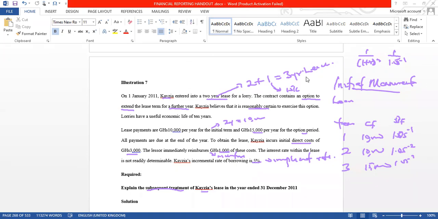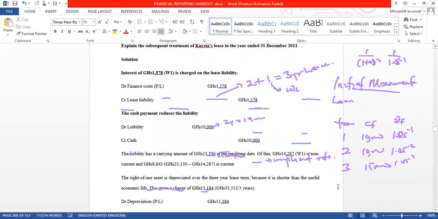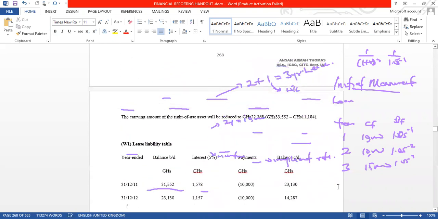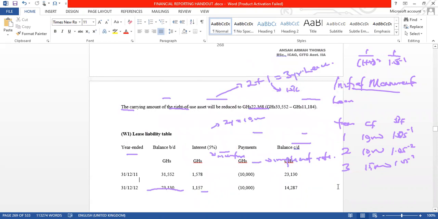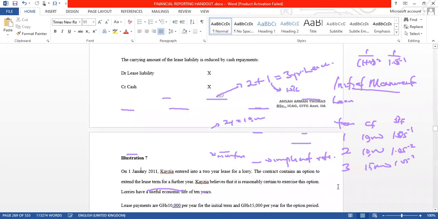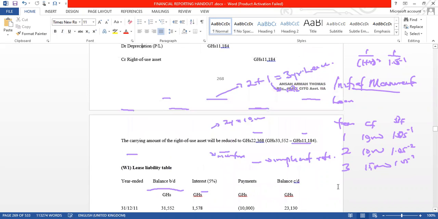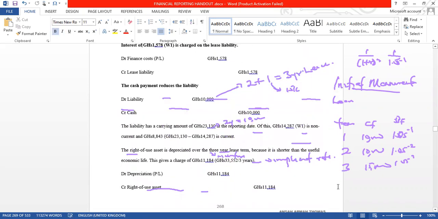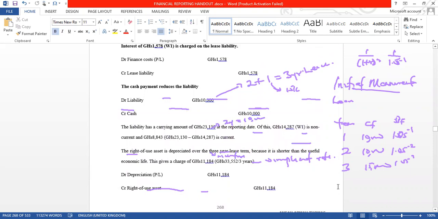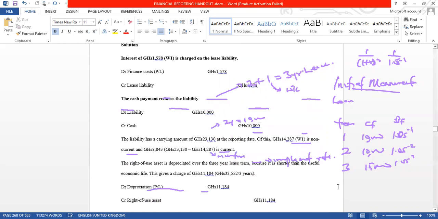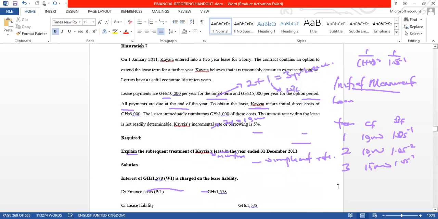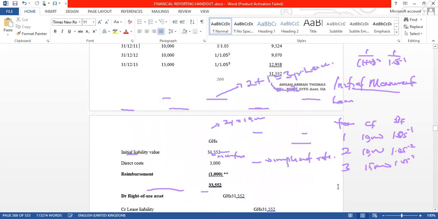So quickly, like you can see in here, we go through this. We have our PV to be done. So you need to find your PVs. And I guess this has been done for us.